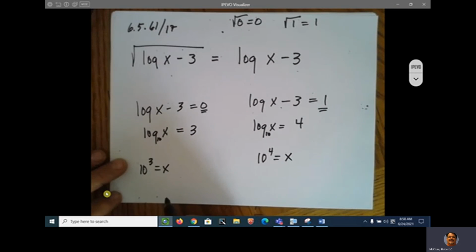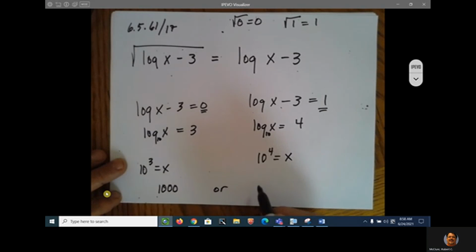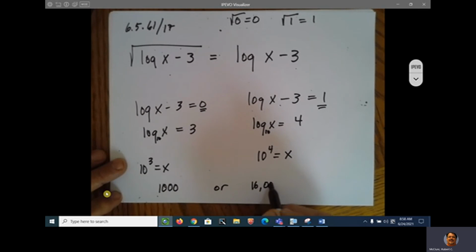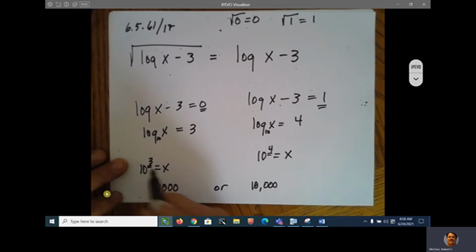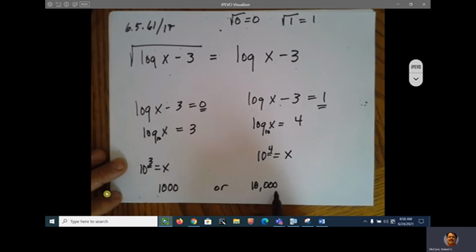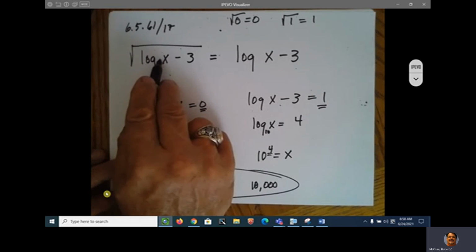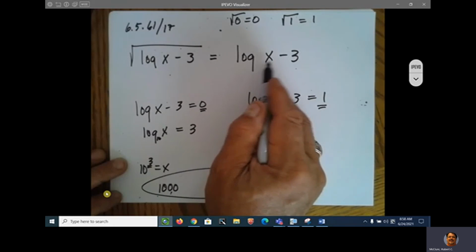So my solution is 1,000 or 10,000. Exponent means how many zeros you got. So this one has 3 zeros, this one has 4 zeros. So if you plug 1,000 in right here, you're going to get the same answer over here.